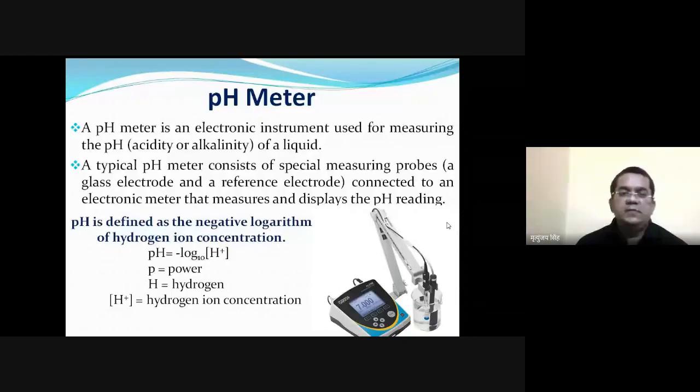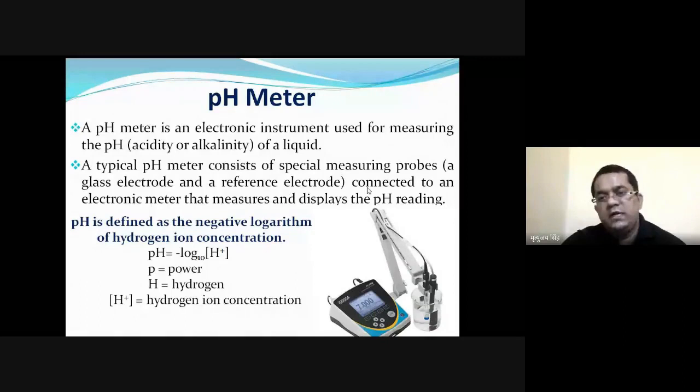A typical pH meter consists of a special measuring probe, either a glass electrode, and a reference electrode connected to the electronic meter that measures and displays the pH reading. pH is defined as the negative logarithm of hydrogen ion concentration. This equation shows the negative logarithm of hydrogen ion, where P of pH is power and H is for hydrogen, and in the bracket H plus shows the hydrogen ion concentration.